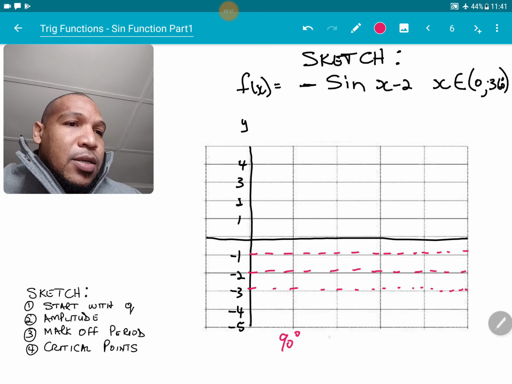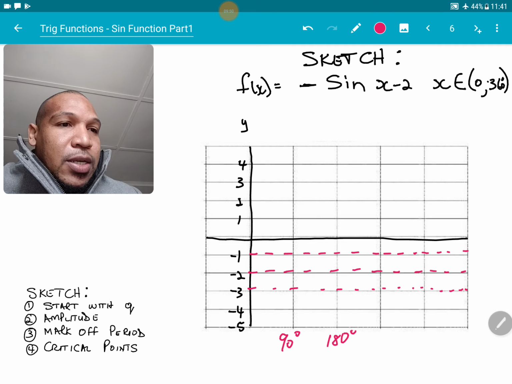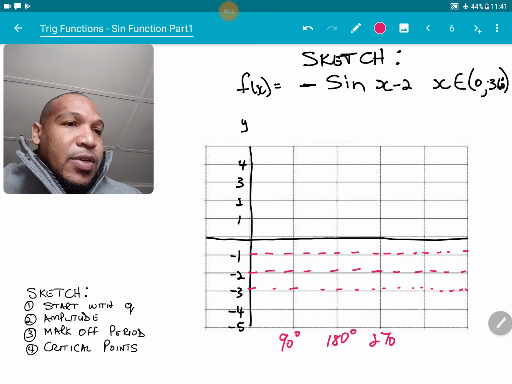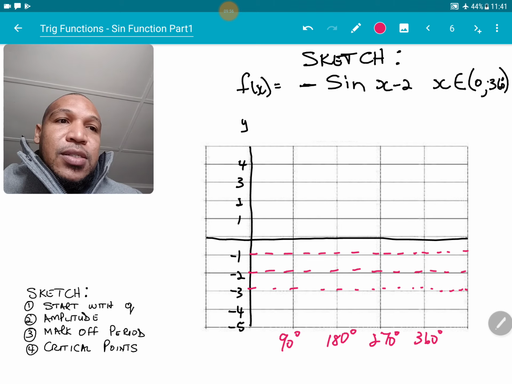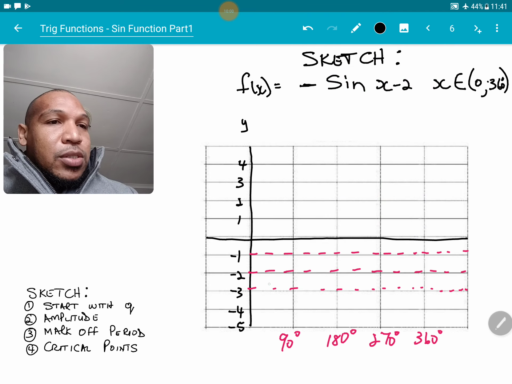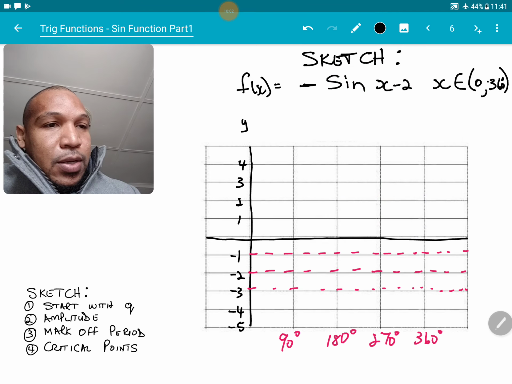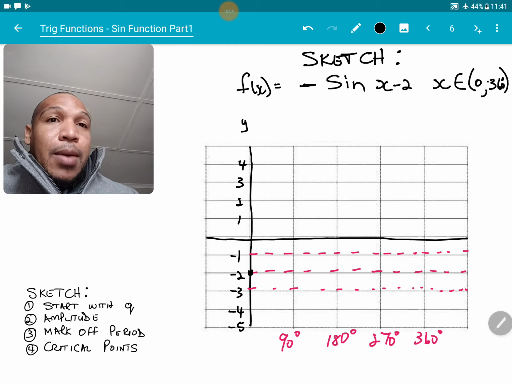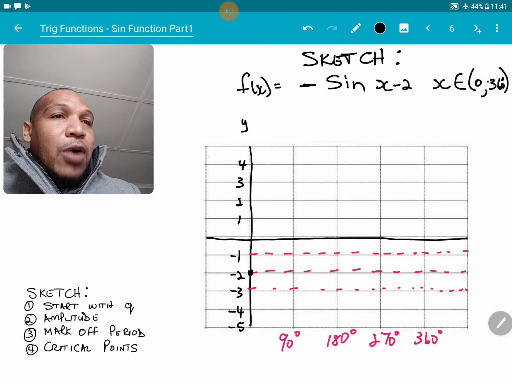It's 90, 180, 270, and 360 degrees. And then we'll have our critical points. But remember, now it's negative.